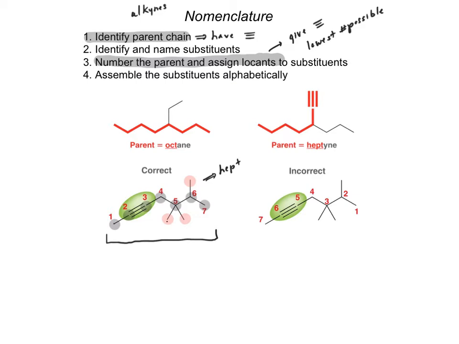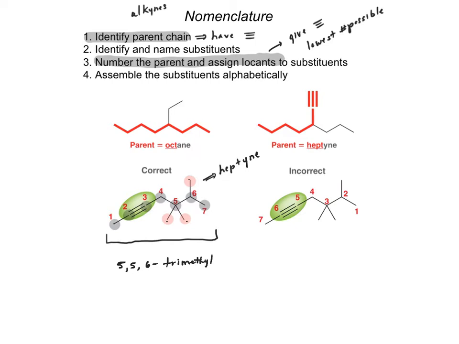We've got a 5, 5, 6 trimethyl. But now that hept is going to change into an yne, because again, we're dealing with alkynes, right? So the ending here is going to be yne as opposed to ene or ane.